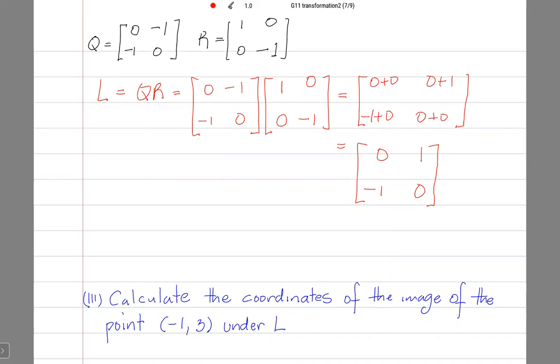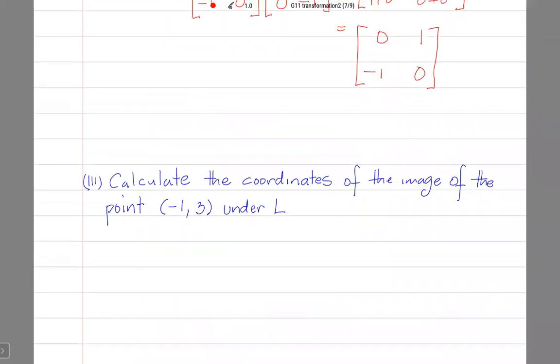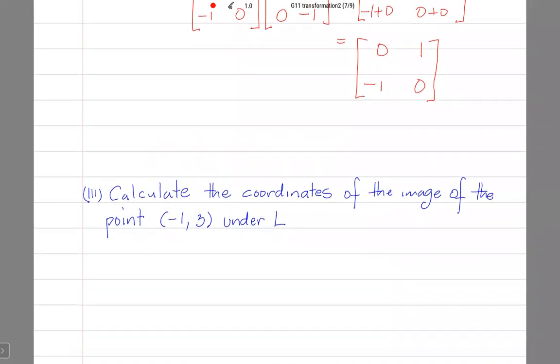All right. The third part says, calculate the coordinates of the image of the point P, the point -1, 3, under L. So this is L. L is 0, 1, -1, 0, and we're applying it to the point -1, 3.